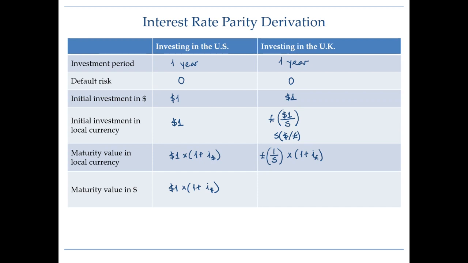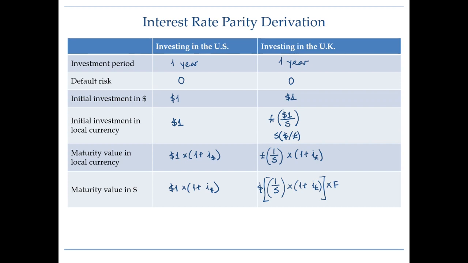So what that means is we will be converting this entire amount of pounds into dollars at the forward rate. And this will be the amount of dollars that we will have in 1 year's time once we collect our maturity value of UK investment. And remember, this forward rate is something we agree upon at the outset of this investment, so there's no exchange rate risk.